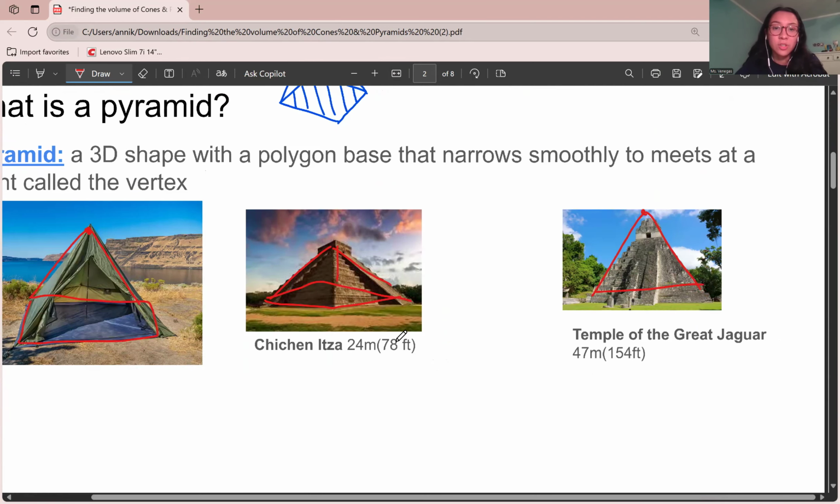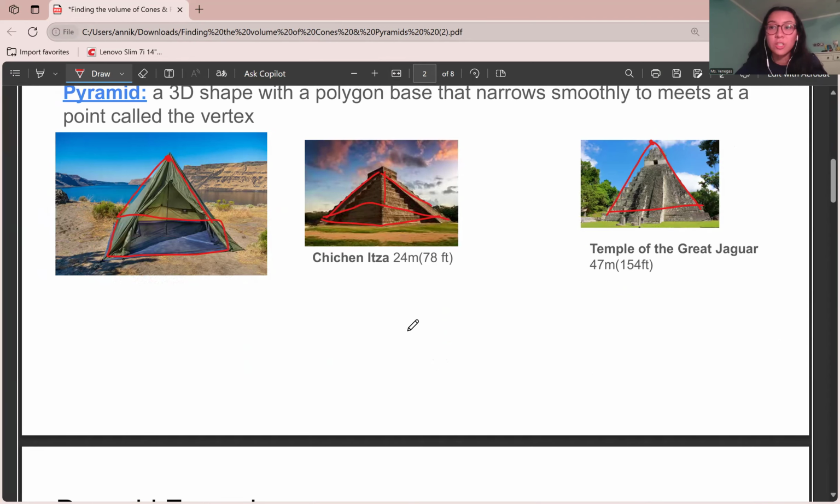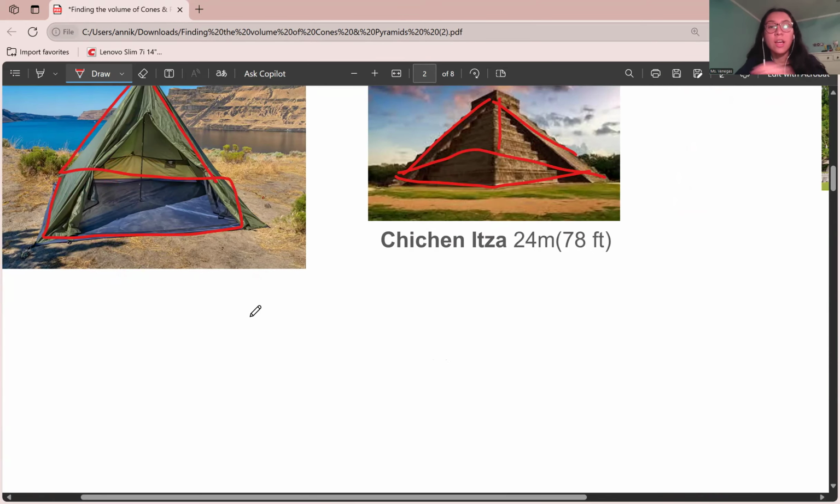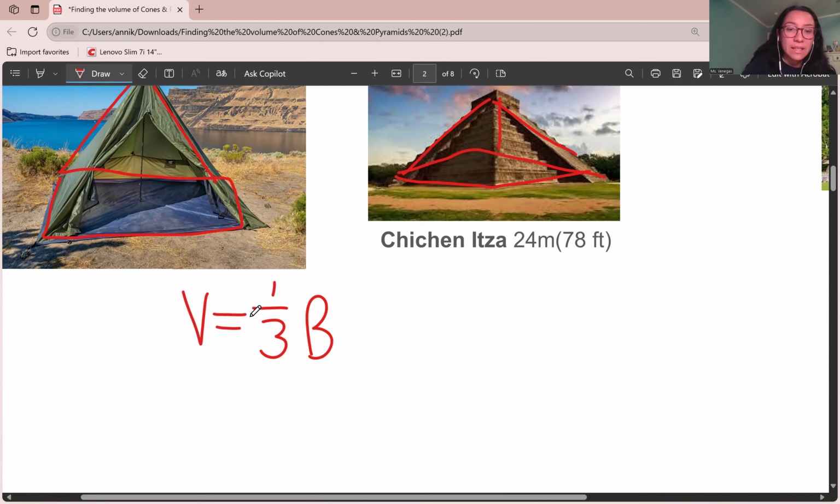Okay, we need to know the formula for our pyramids. For pyramids and cones, which we'll see later on, we can use this formula: volume equals 1/3 base times height.